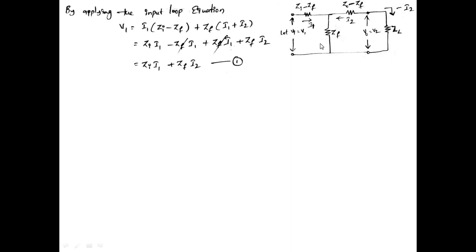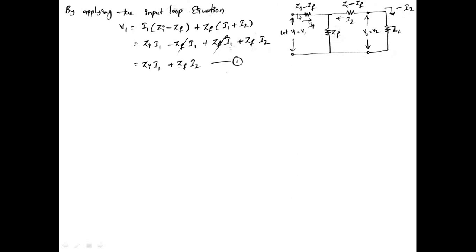Now apply the loop equation at the input side. Vi, which is equal to V1, is equal to I1 into Zi minus Zf. This is the loop equation we write, and the currents through Zf, both I1 and I2, are in the same direction, meaning these two currents add up with each other: I1 plus I2 into Zf.